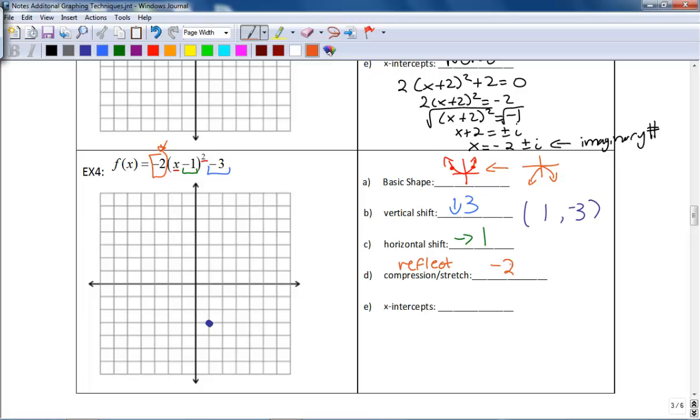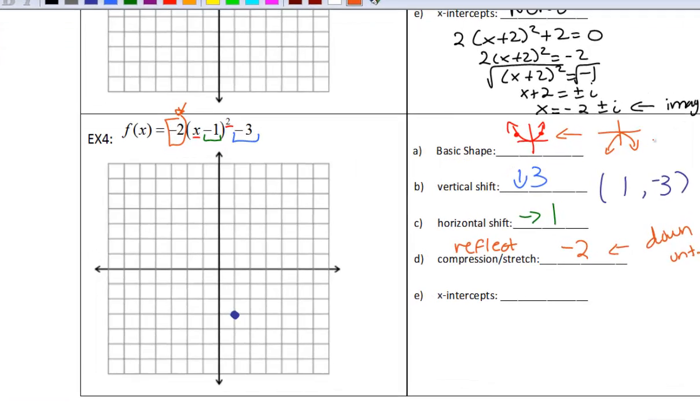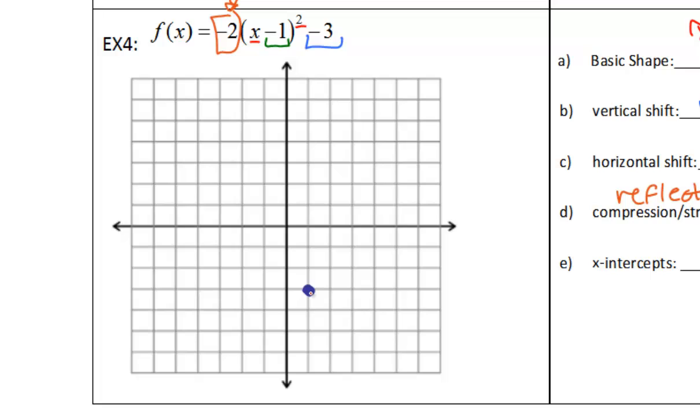Well, a compression stretch of negative 2 means instead of going up 2 units, I need to go down 2 units from that vertex. And then again, left and right, because the key points for a parabola are to the left and to the right of that vertex. So from the vertex, I have to go down 2 units, left 1. Again, from that vertex, I go down 2 units, right 1.